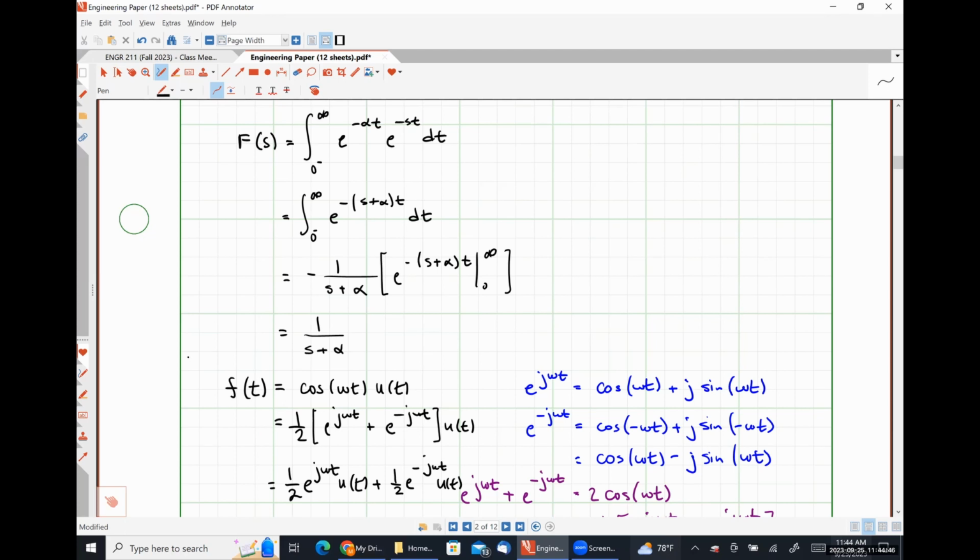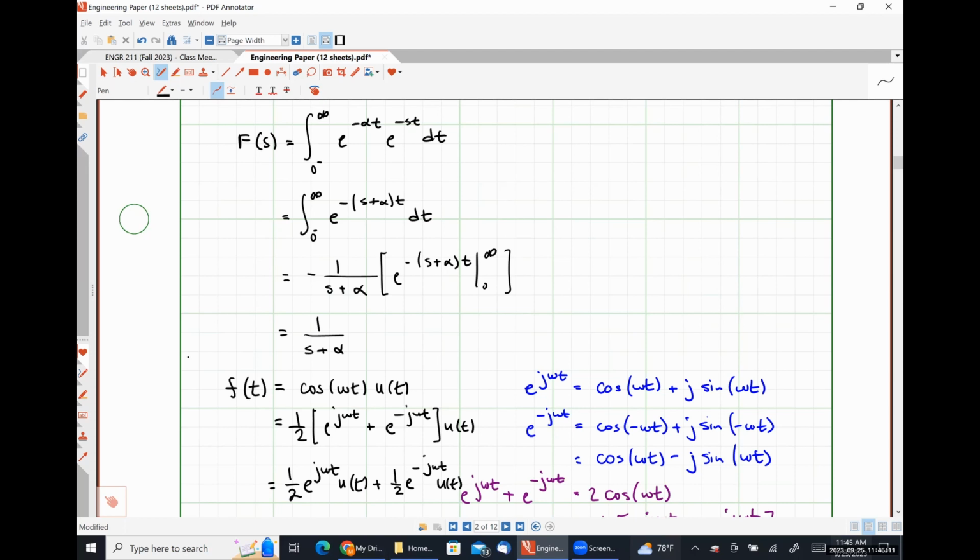Down here, I have j omega times t equal to negative alpha, which means alpha was negative j omega. Whereas for this part, I have negative j omega times t equal to negative alpha times t, so alpha was just positive j omega.